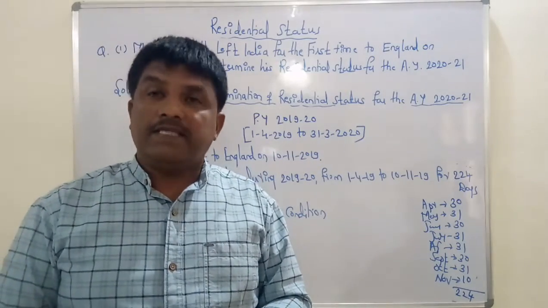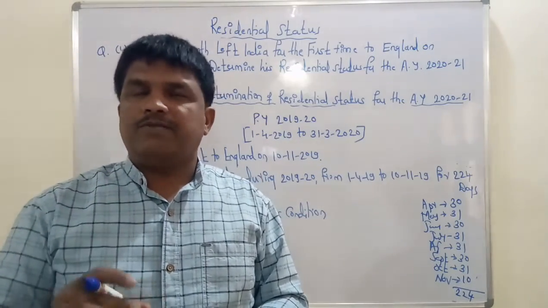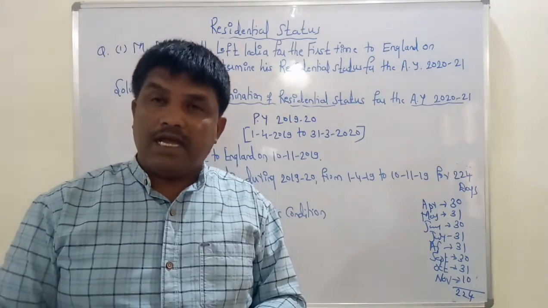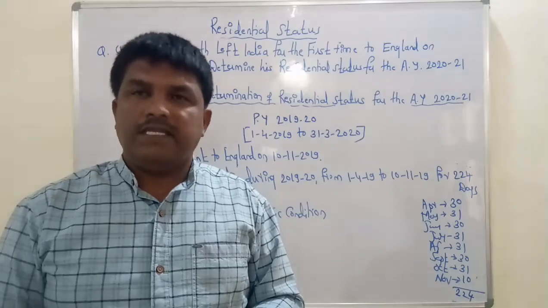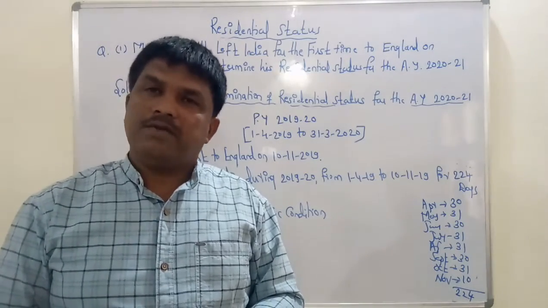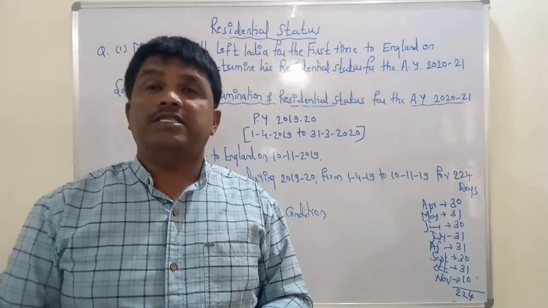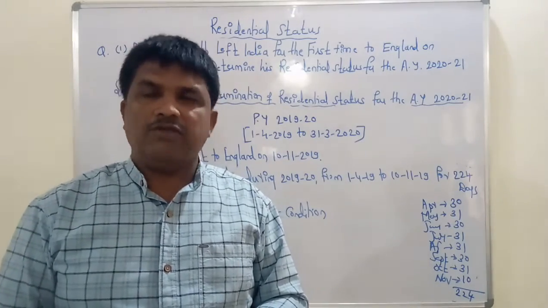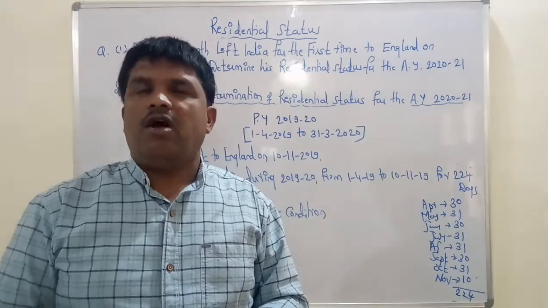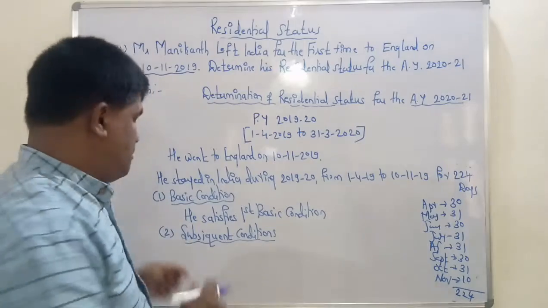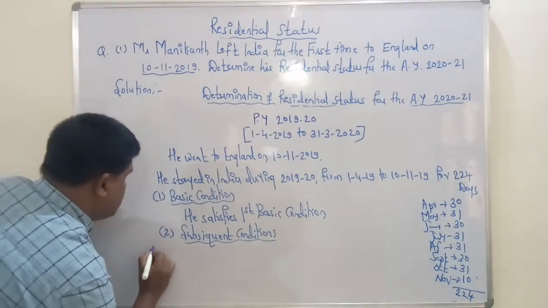It means he satisfies the second subsequent condition also. So finally we can say that in this problem he satisfies the first basic condition and both the subsequent conditions. So his residency status is resident and ordinary resident, or you can write resident only, or ordinary resident only.